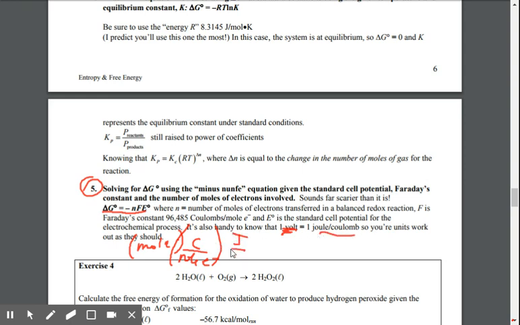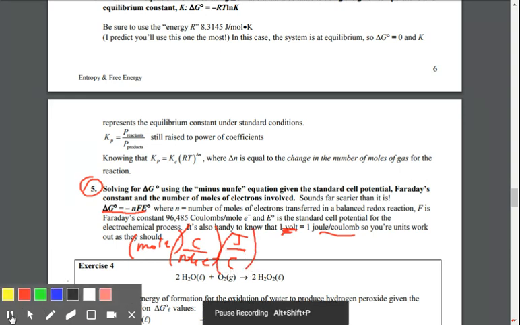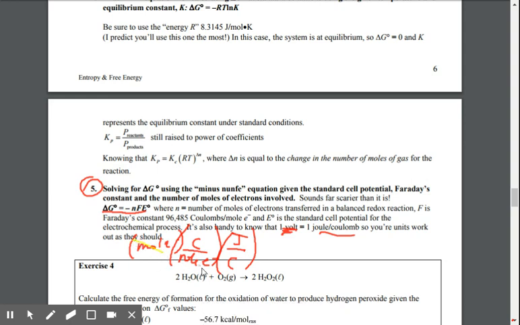So we have joule per coulomb here. If we were to physically cross out these units, mole of electrons is gone, coulombs is gone, and we're left with joules. Well, on our test, they wanted your answer in kilojoules. So people just left their answer like that and put kilojoules on there. Well, that's incorrect because you'll have to convert this at the very end.